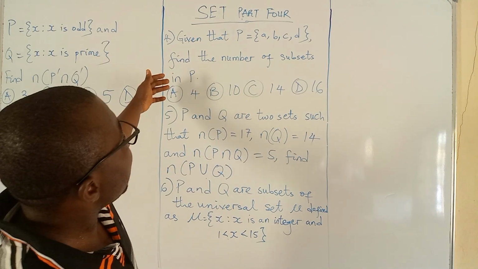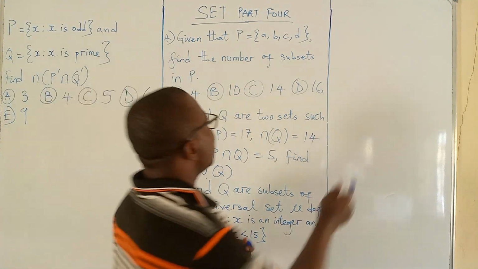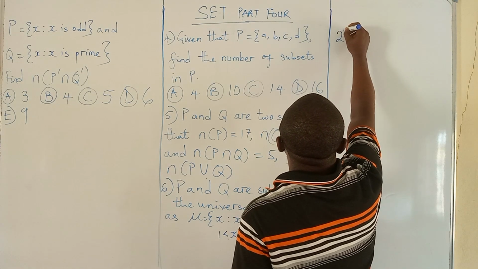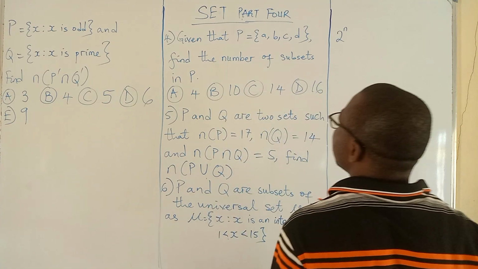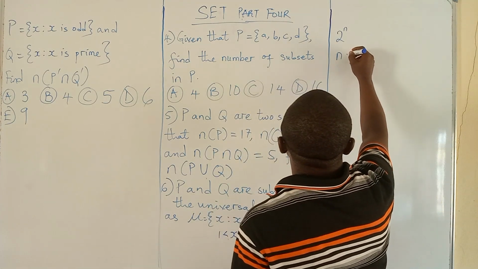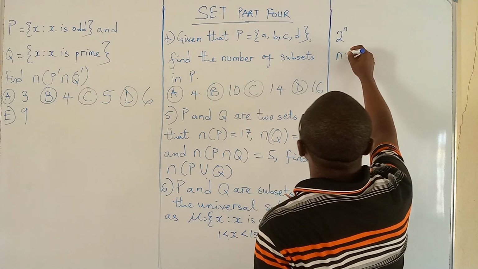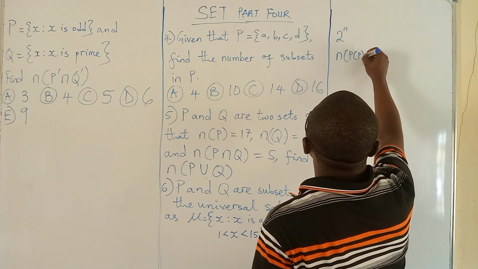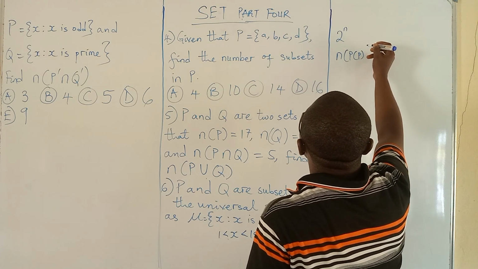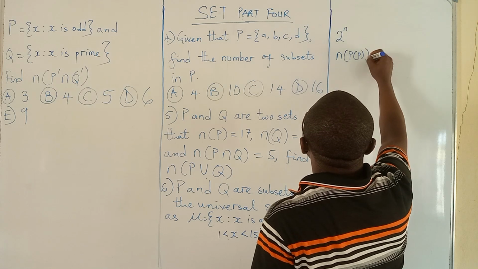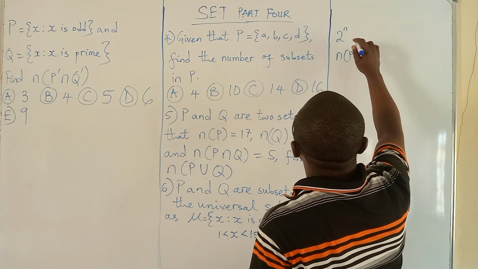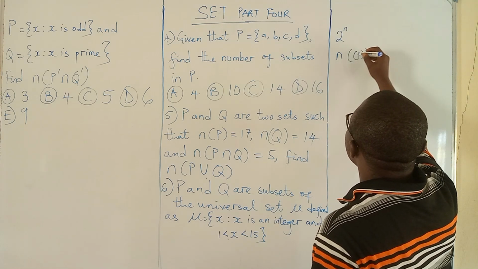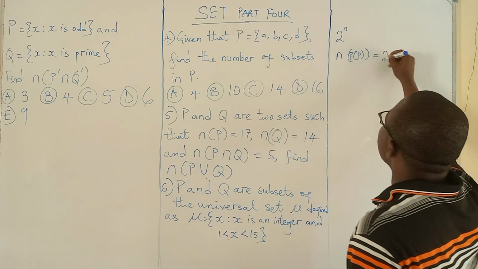So, if you are asked to find the number of subsets here, the formula for that is 2 raised to power n. That means the number of subsets of the set P will be equal to 2 raised to power n.